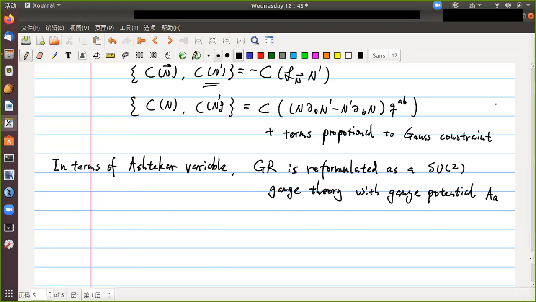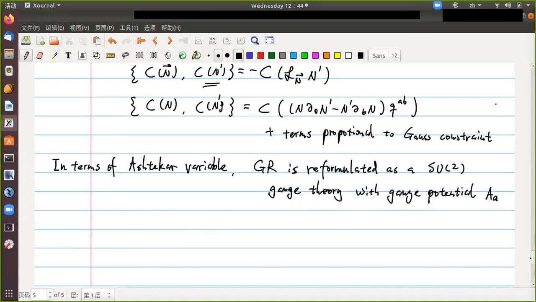In electromagnetism, the constraint is just the Gauss constraint, or Gauss's law, right? That's the only constraint you have for Maxwell theory, and for non-abelian gauge theory you also only have a Gauss constraint. But here, for general relativity, you have not only the Gauss constraint, you also have the diffeomorphism constraint and the Hamiltonian constraint.